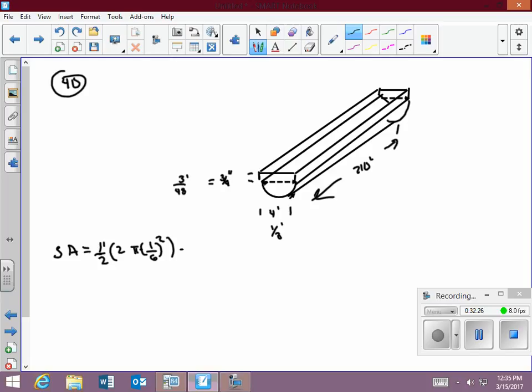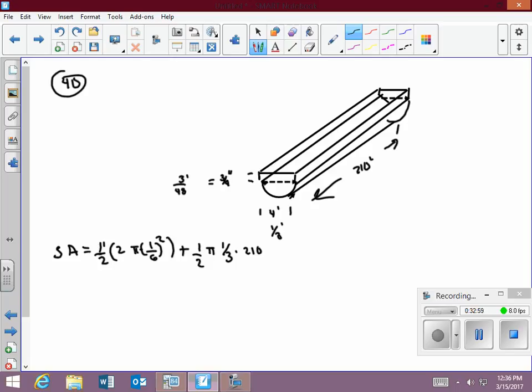And then we're going to have to do the circumference, so it'll be half of that circumference, which is pi times the diameter, which is 1/3, times the height, which is 210. Now that's that half of a cylinder.